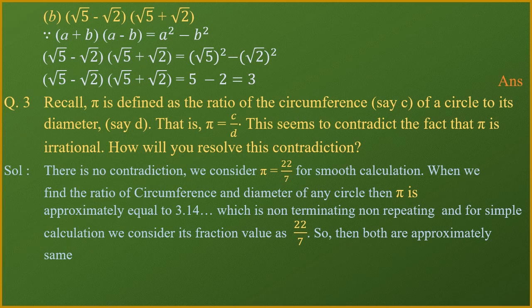So if you divide circumference by diameter, each and every time the answer comes approximately equal to 3.14. But that answer normally up till 2 places of decimal is 3.14. If you go further, it will be non-terminating, non-repeating term. And hence we can say that the ratio of circumference to the diameter of circle is always non-terminating, non-repeating term.